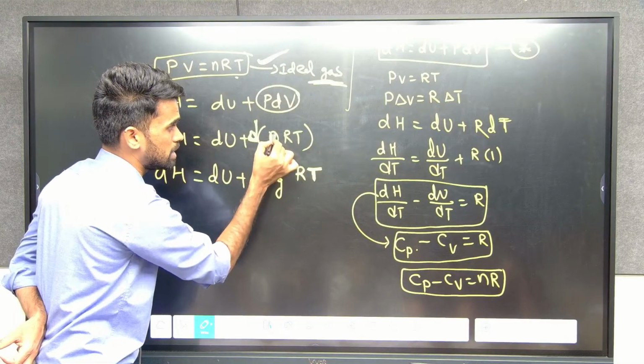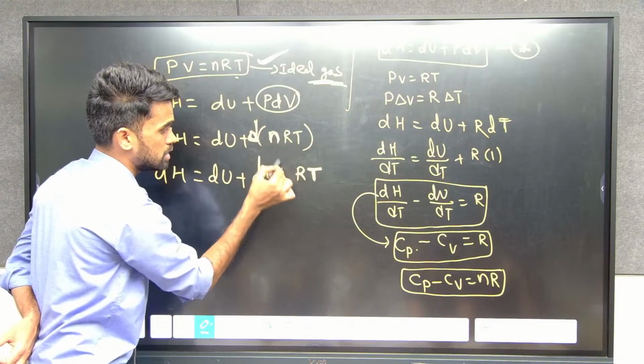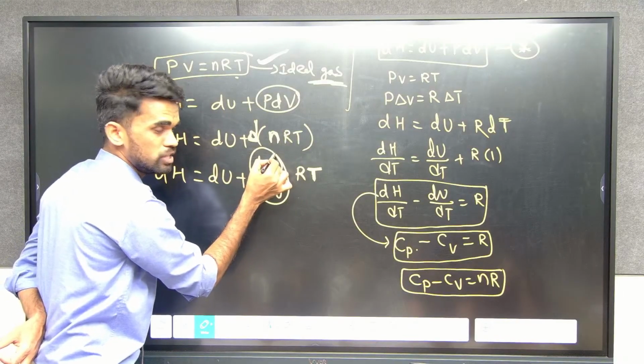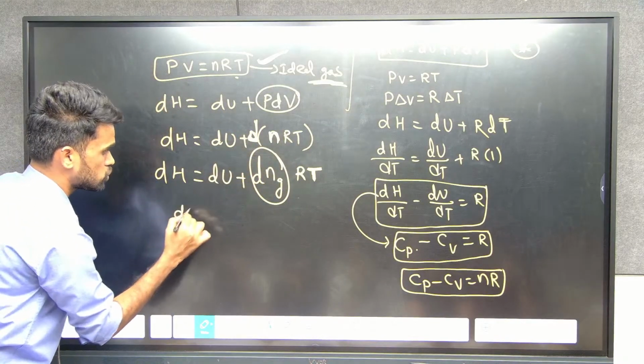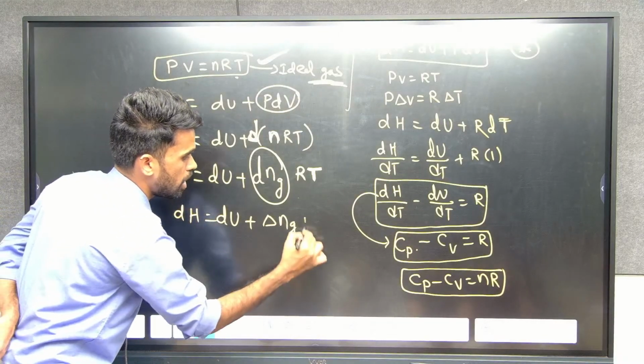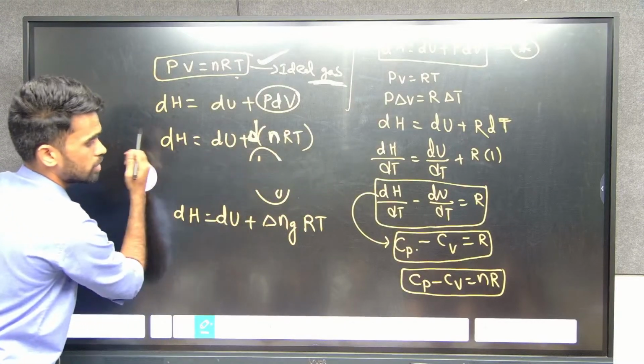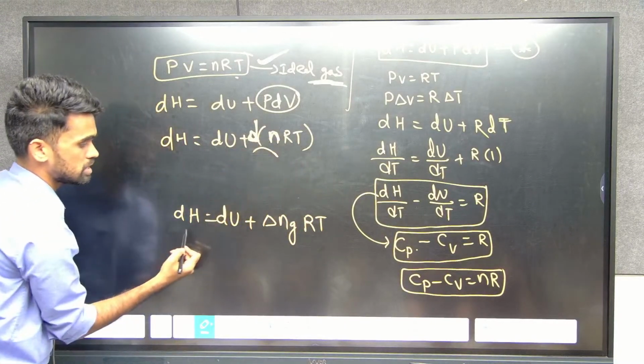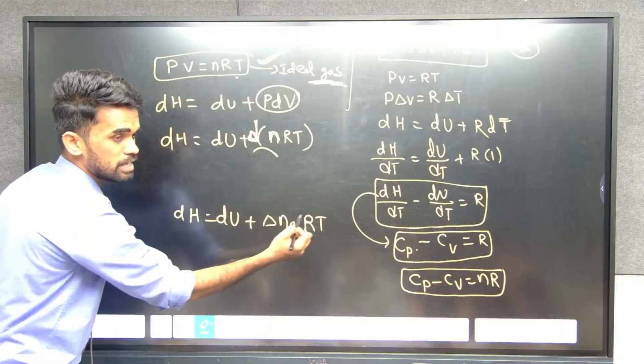So what is the variable here? We have only the number of moles, which is indicated with delta Ng. So dH equals dU plus delta Ng RT. You can write it in this way.